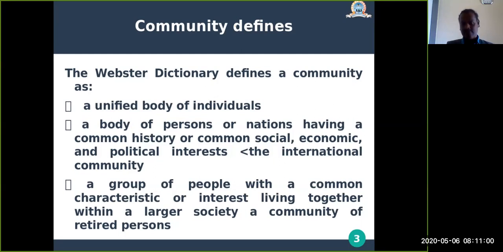So I hope you understand what community is. You can define this community based on the geographical region, the hamlet, the interest, the identity, the history, or the common socioeconomic background.